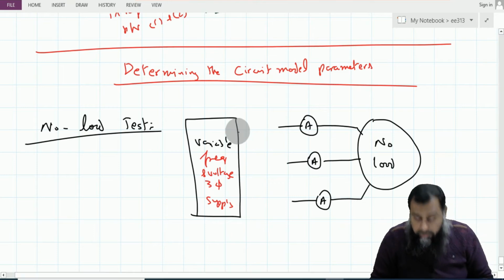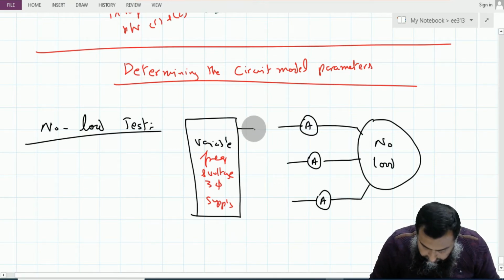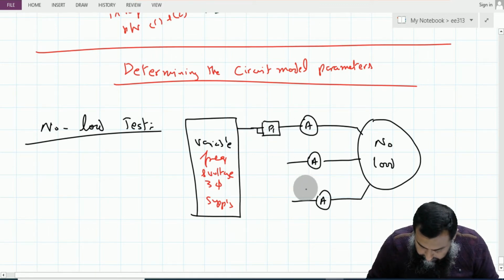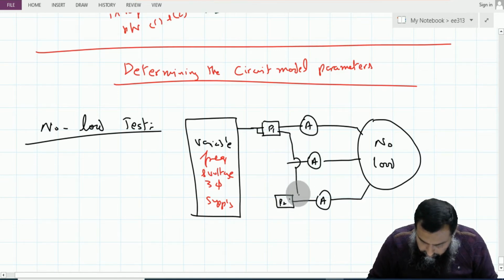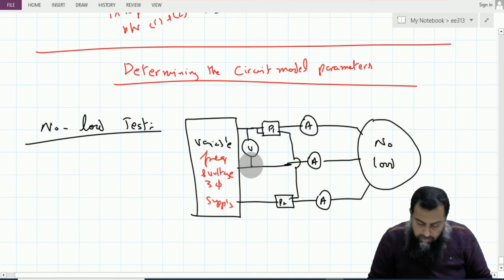Before we connect it to the ammeter, we have an arrangement that measures the power P1 and the power P2, so that we can measure the three-phase power. Two wattmeters are enough to measure the power in a three-phase circuit. Also, we measure the voltage between the two phases.